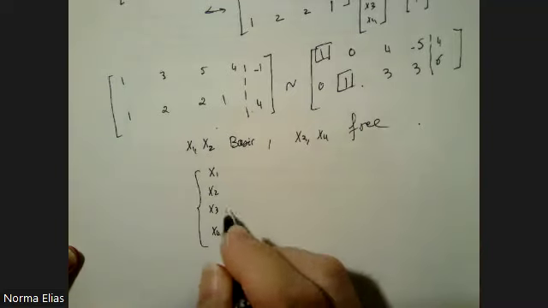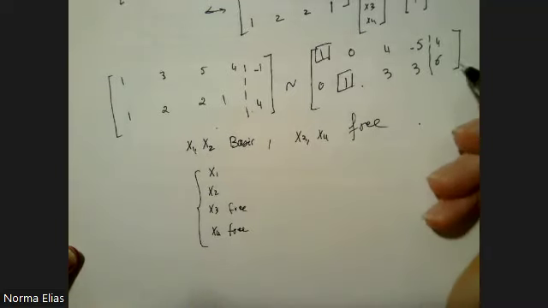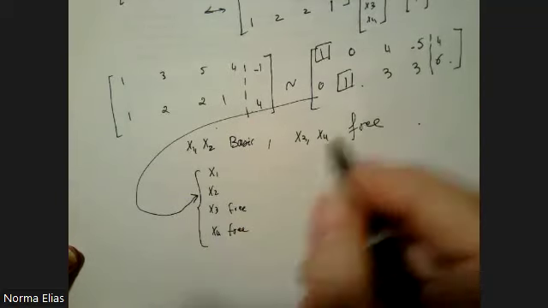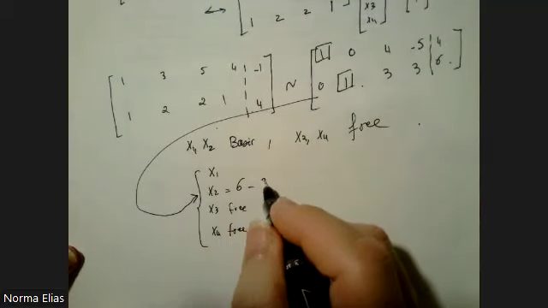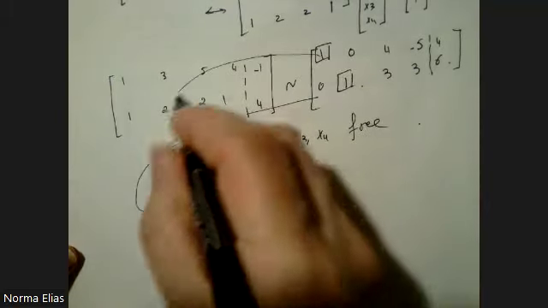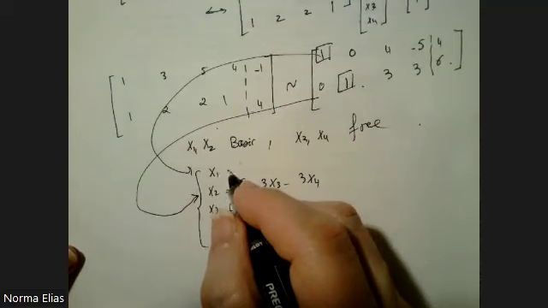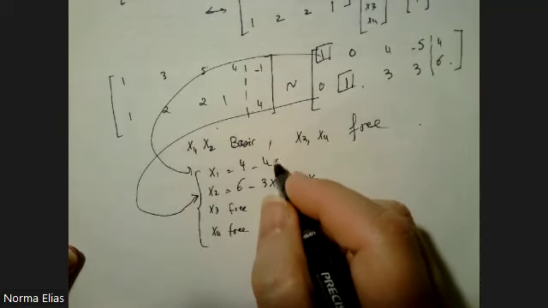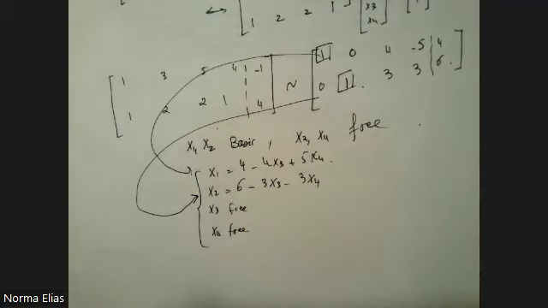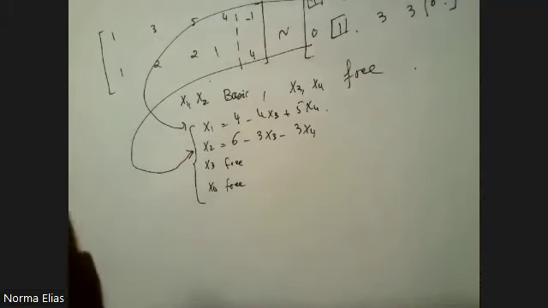The second row gives me the following: x2 equal 6 minus 3x3 plus 3x4. The first row gives me x1 equal 4 minus 4x3 plus 5x4. Okay. Now in parametric vector form.